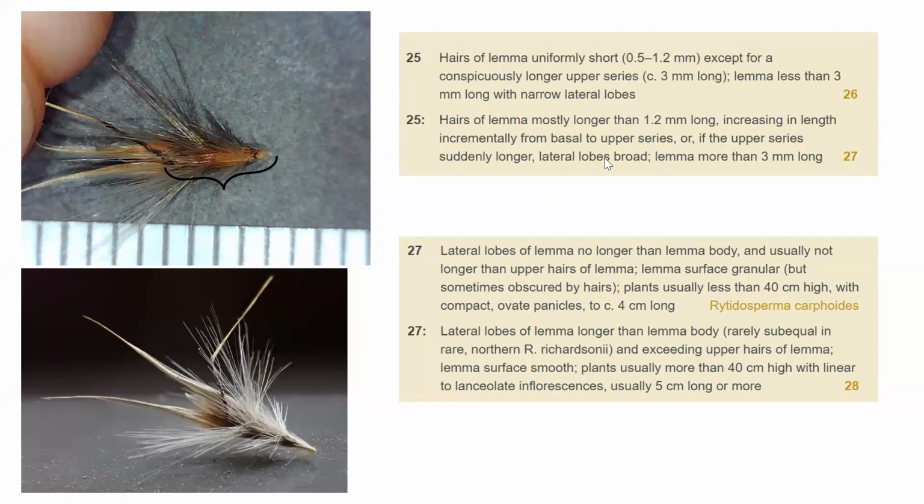So lemma more than 3 mil long. That's referring to, when they just say lemma, they're not meaning the body and the lemma lobes. They're just referring to the lemma body.